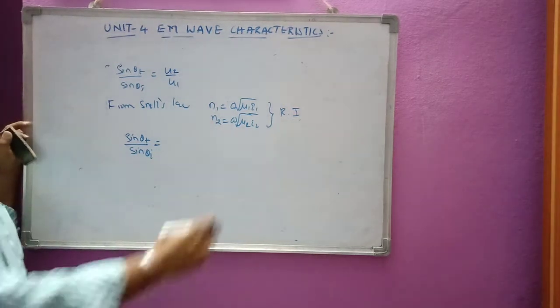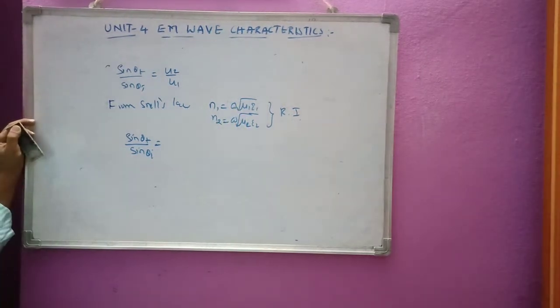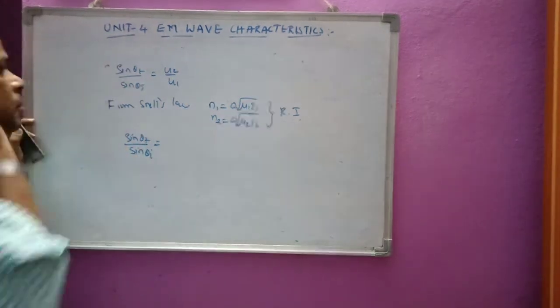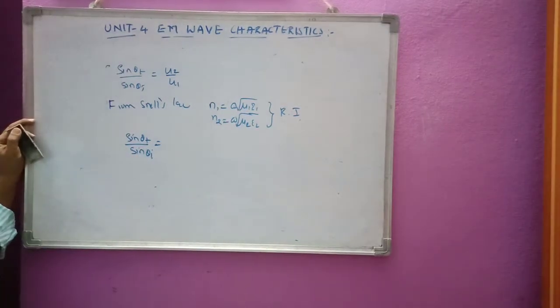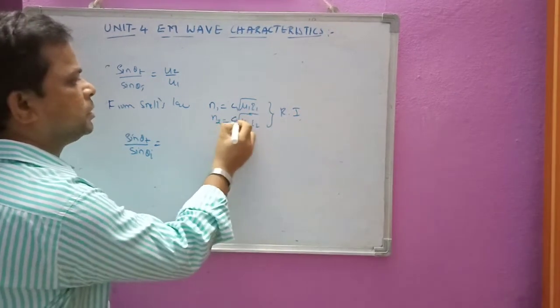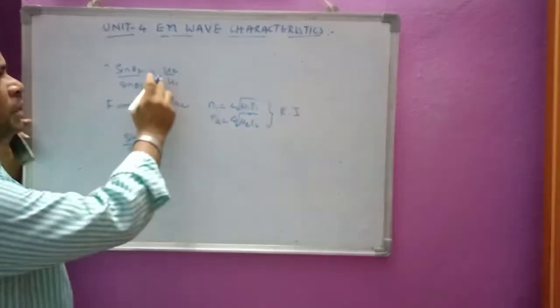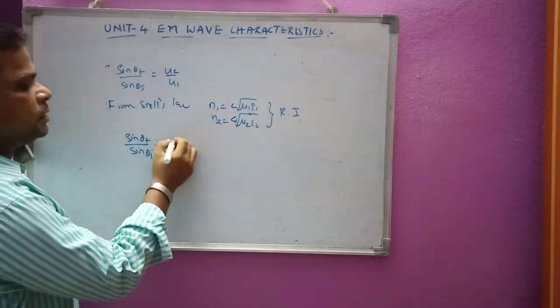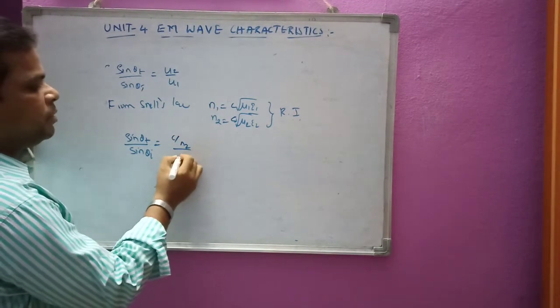Now I can write this in terms of c. If I substitute u1 and u2 here, I can write in terms of c by n2, so this is c by n2 by c by n1.